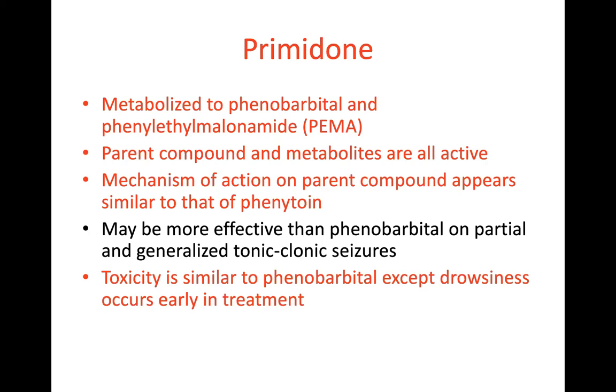The biggest problem with primidone is its toxicity, very similar to what we see with phenobarb, except we tend to have a little bit more drowsiness. And that drowsiness will occur pretty early in treatment. The question is whether that person can function with the degree of drowsiness that we're seeing. That's going to be one of the big issues with primidone.